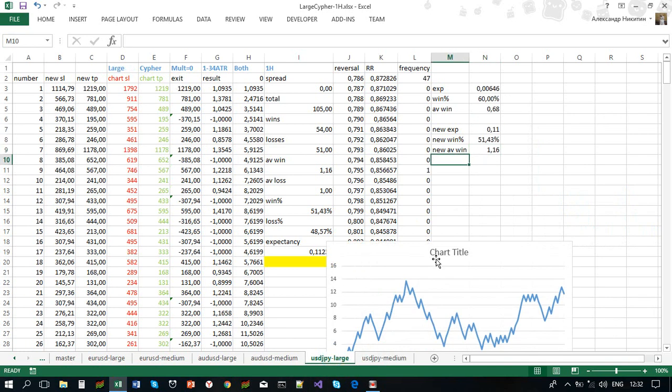So if you compare the dollar yen large, using old stop loss at 113, it is 0.0006, yes, and using stop loss at exactly 1, it is 0.11. You already can generate something here, and this is very important.